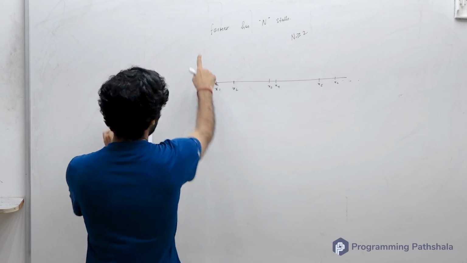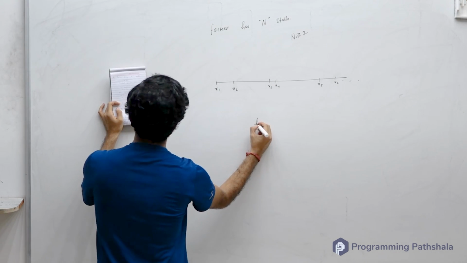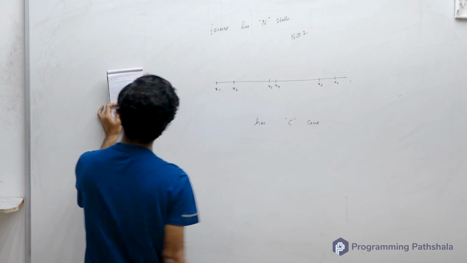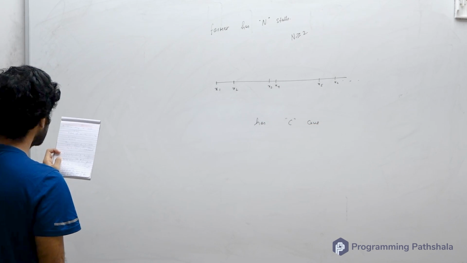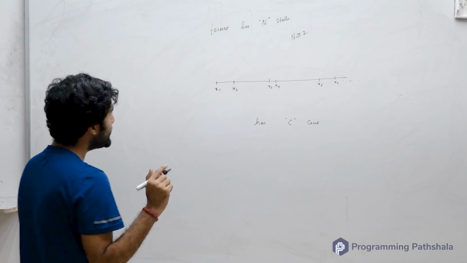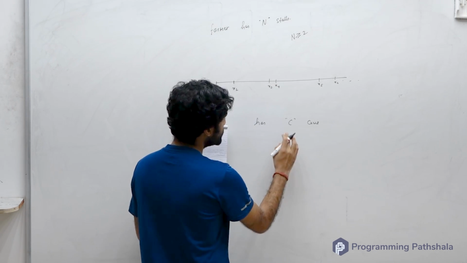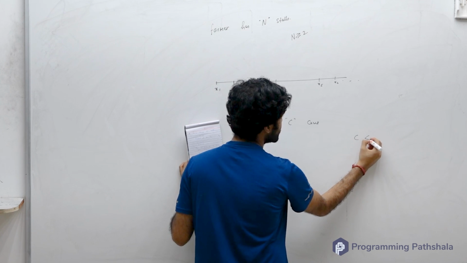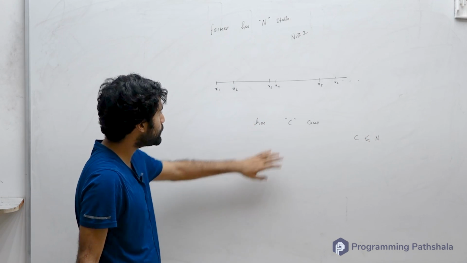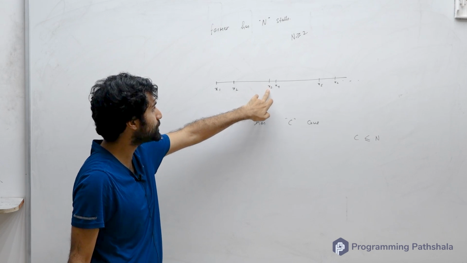Now this farmer also has C cows with him. You can assume that the number of cows this person has is smaller than or equal to n, because one cow can be accommodated in one stall only.